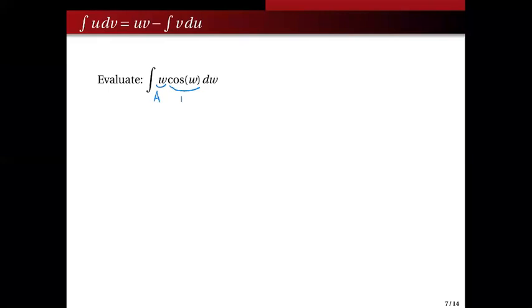This is trigonometric. Remembering the hint, LIATE, algebraic comes first before trigonometric, which means this time our u will be w. And then your dv will be cosine w dw.